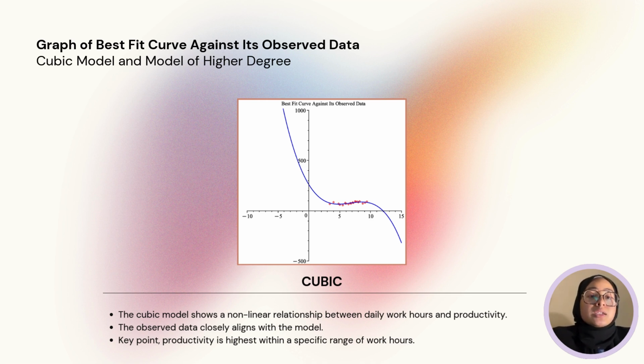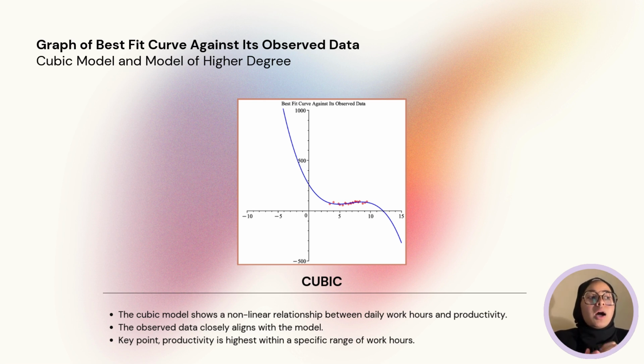So there are extreme work hours, which is very low, lower than 2 hours, and also high working hours, which is above 12 hours, that result in sharp drops in productivity, which is potentially reaching negative levels. This is because for the very low working hours, we have no time to do all the works, so we might delay some of the works later. This can cause the productivity levels to drop.